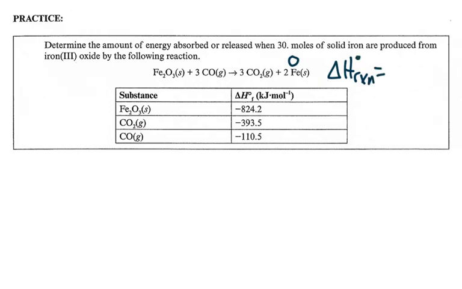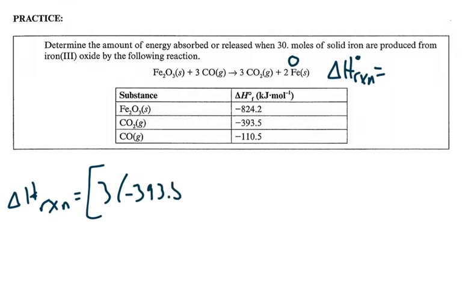So what we're going to do here is get the sum of the two products. There are 3 CO2s. Each CO2 is negative 393.5. And we're going to add that to the iron, and this won't make a difference. There are 2 irons there, so you know that part's just going to be 0.